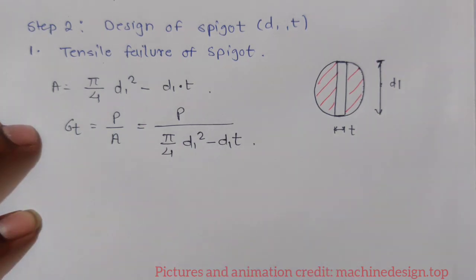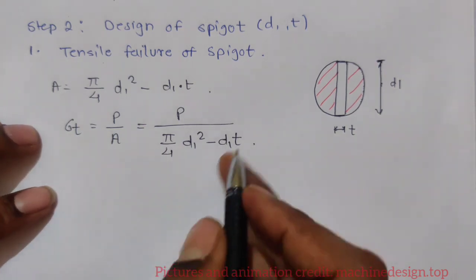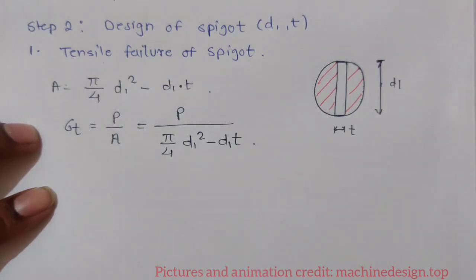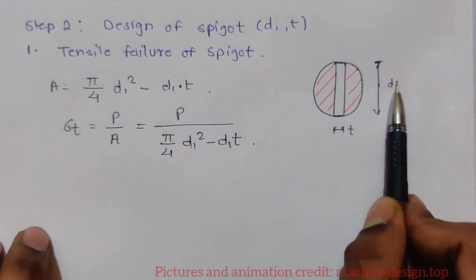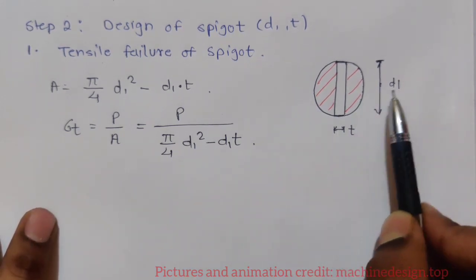So usually t value is given. It is an empirical relation. So what is an empirical relation? Empirical relations are standard values with respect to the other dimension. Means now we have d1, so we can say t in terms of d1.